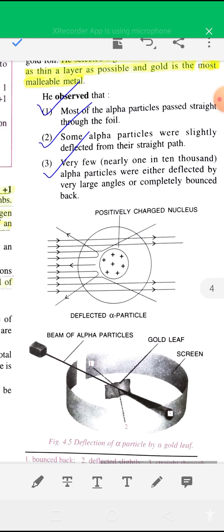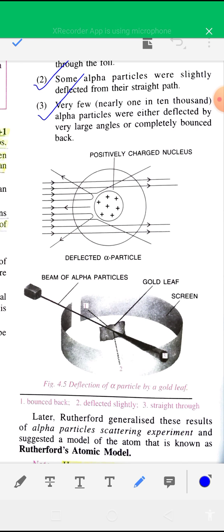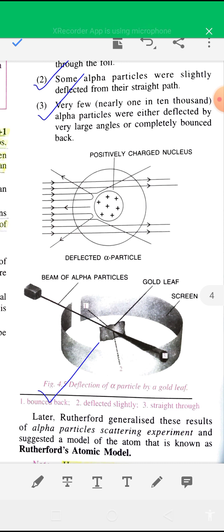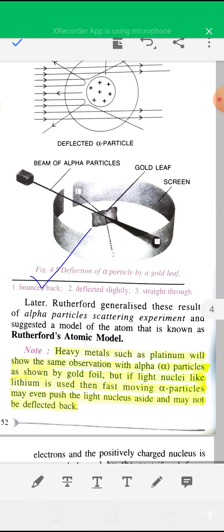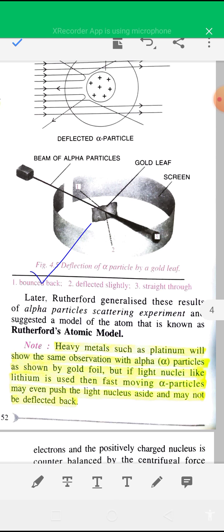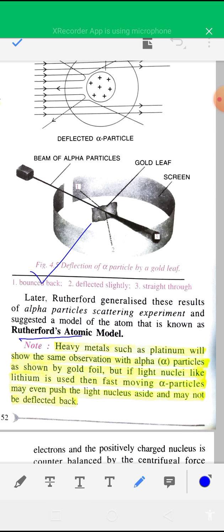This picture shows the alpha particle scattering experiment. Later Rutherford generalized these results and suggested a model known as the Rutherford atomic model, based on the alpha particle experiment.